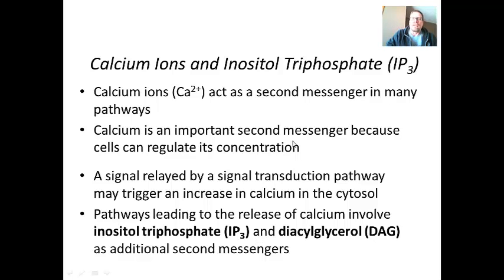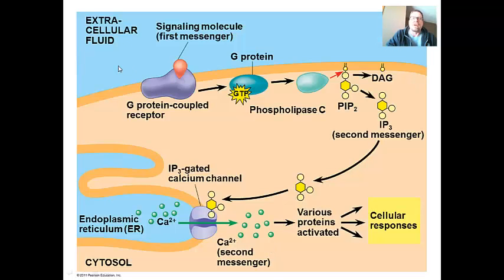Calcium is really the largest of all. It's used throughout the body, and it also involves what's called inositol triphosphate and diacylglycerol. The concentrations of calcium intracellularly are very, very small.